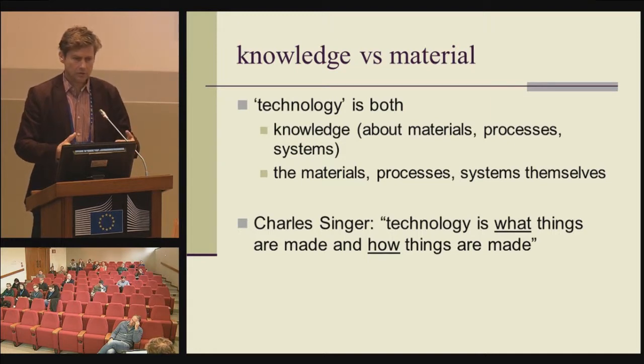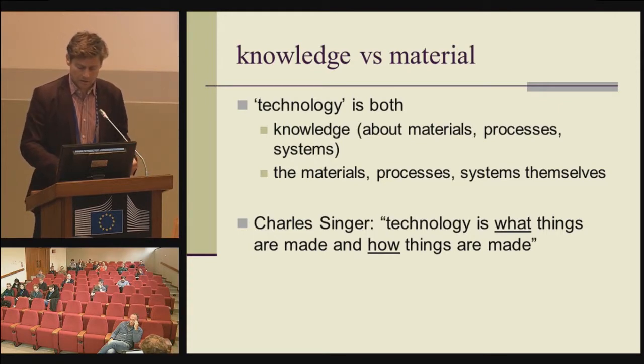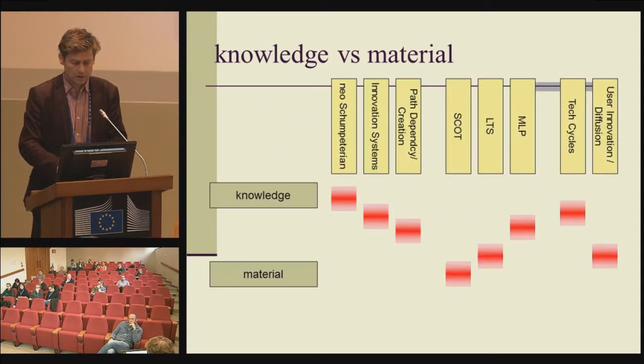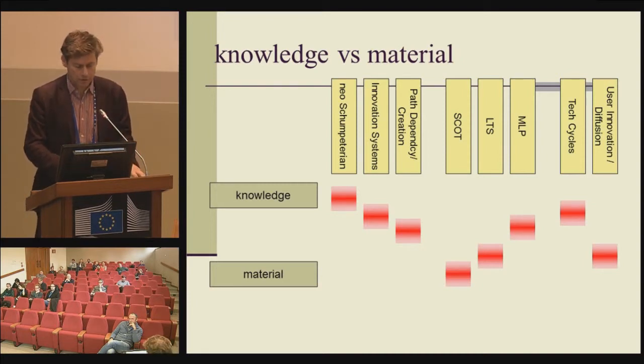If you really are carefully observing what they are talking about, is it about knowledge or is it about the material, then you also see very different ratings here. So again, this is also a reflection when you would like to use theories on what they are dealing with, and it also sharpens your critical look at your own exercises when you keep these distinctions in mind.